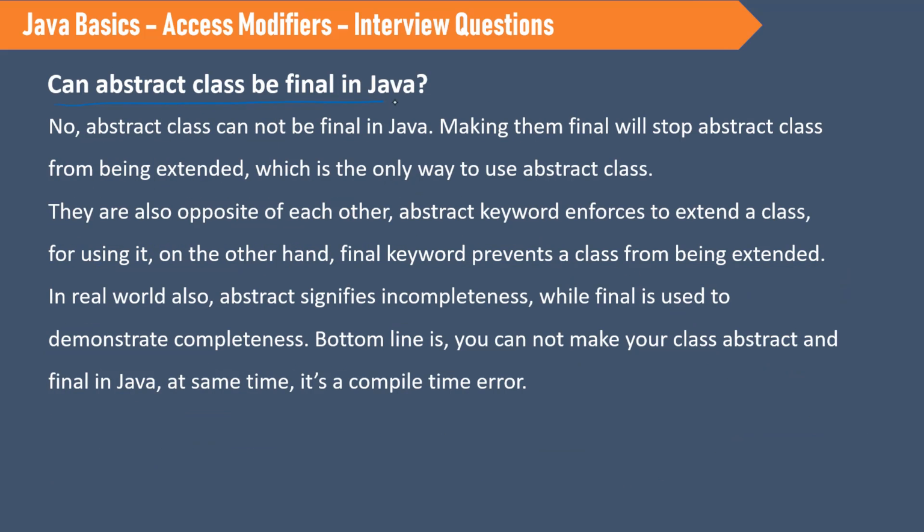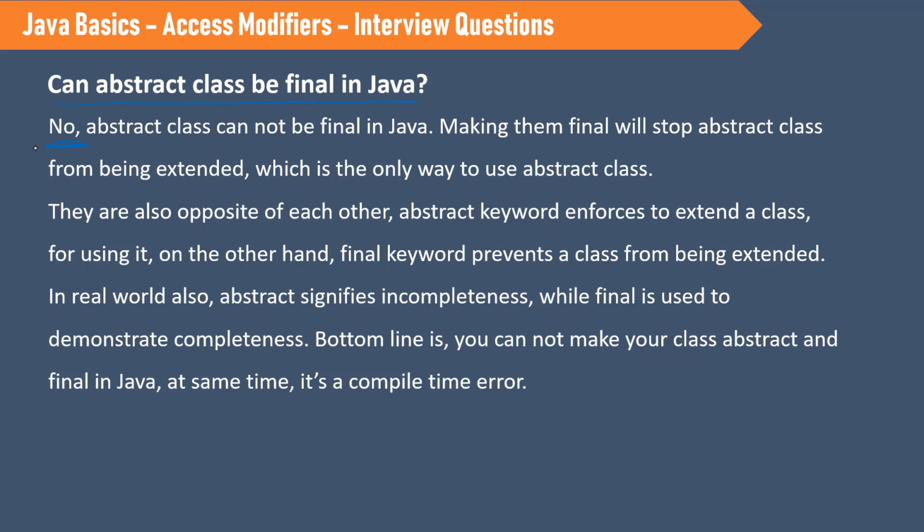The next question is, can abstract class be final in Java? That means whenever we create an abstract class, can we use the final keyword also on that class? The answer is no, because if we make a class final, we cannot inherit that class. That means we cannot extend that class. But abstract classes have to be extended to implement the abstract method functionality and use them. So they are opposite to each other.